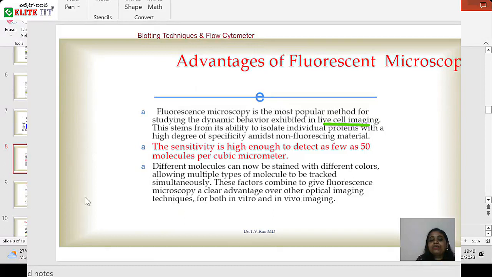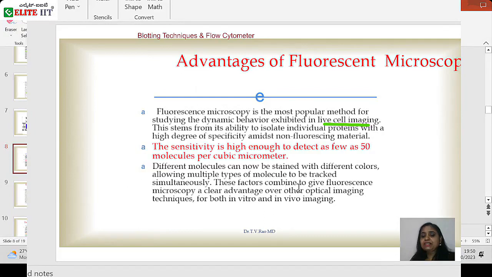So if you want to identify multiple molecules, you have to add separate fluorophores. Sorry, I am telling you chromophore again, not chromophore, fluorophore. Separate fluorophores will label separate molecules, and from the emission light you can detect separate molecules.